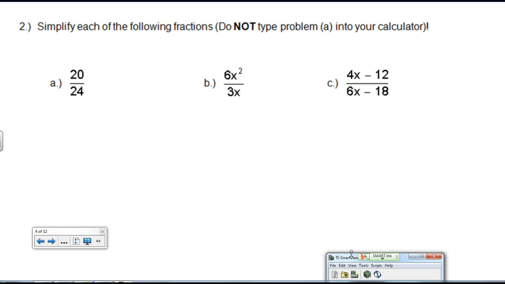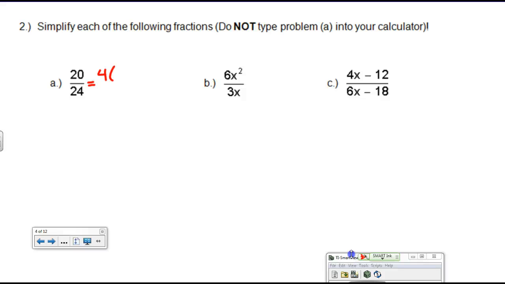What we mean by simplifying is to divide out common factors in the numerator and the denominator. So 20 and 24 have a bunch of pairs of factors that make 20 and 24. But I'm going to just show you what's happening. 20 and 24 both share a common factor of 4.